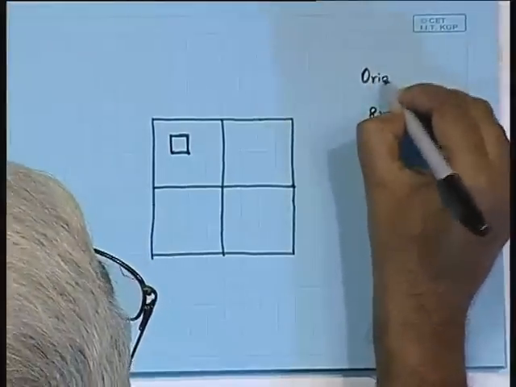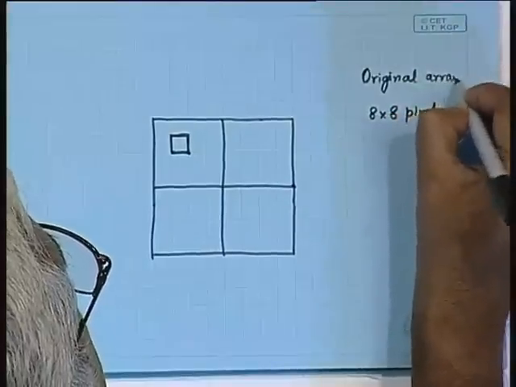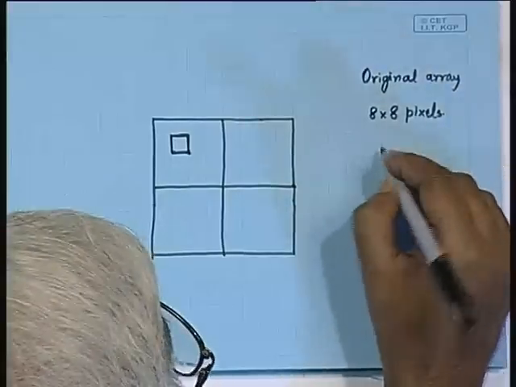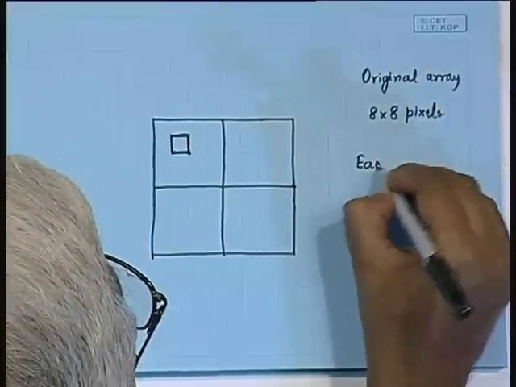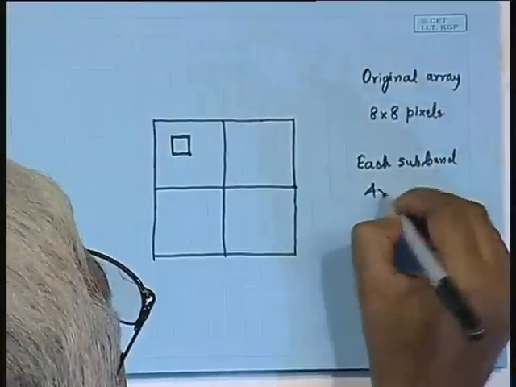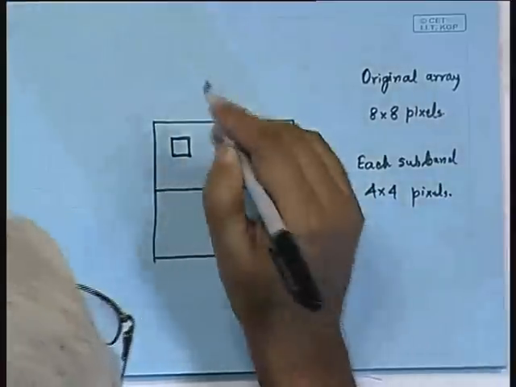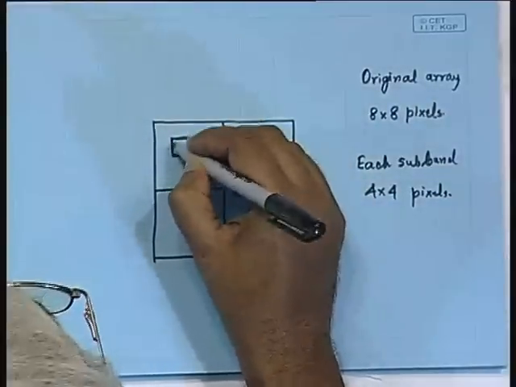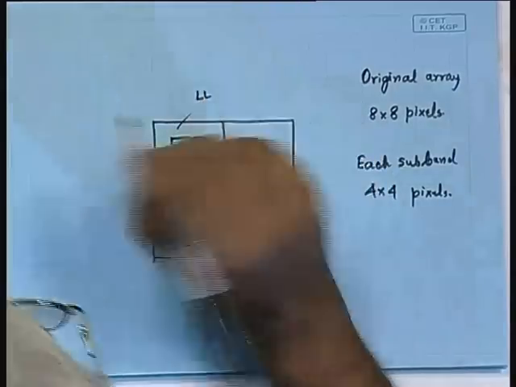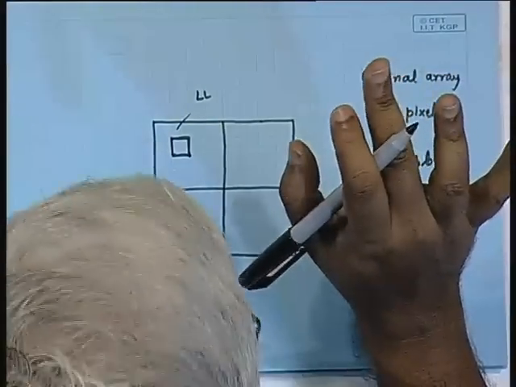The original array was 8 by 8 pixels, and now I have got 4 subbands. Individually each subband now contains an array of 4 by 4 pixels, right. Now, this is a 4 by 4 and let us pick up any particular pixel. Let us say this is the pixel that I have picked up in the LL subband. For simplicity, I have assumed only the first level of decomposition.